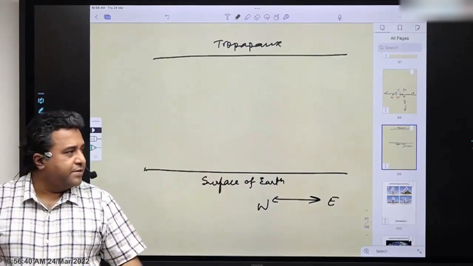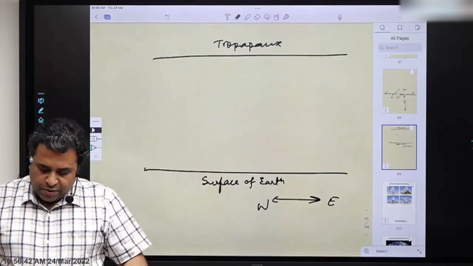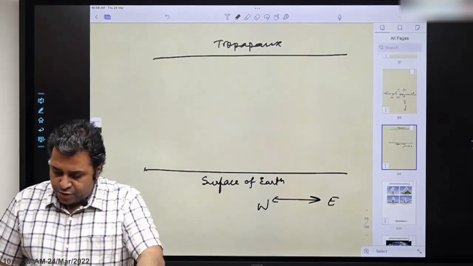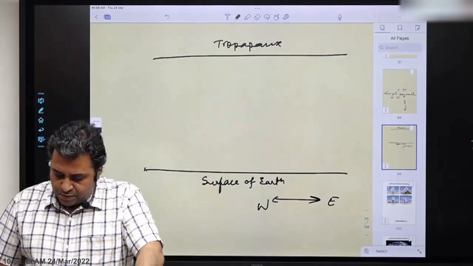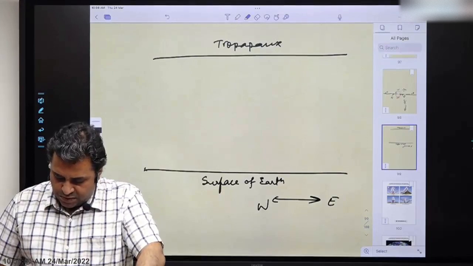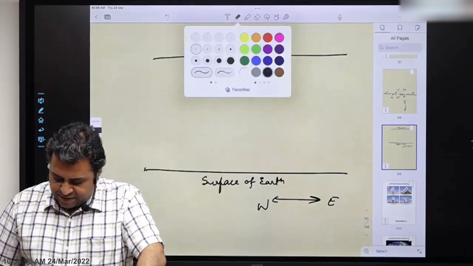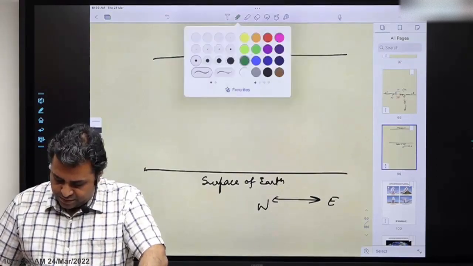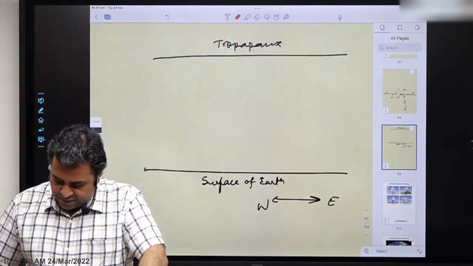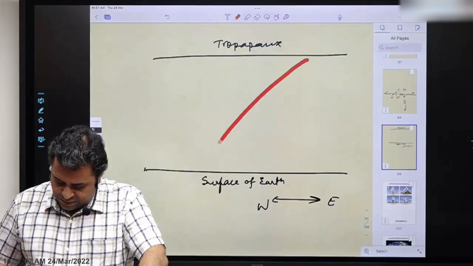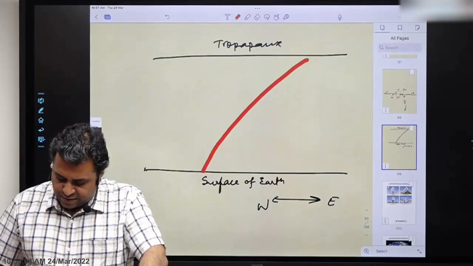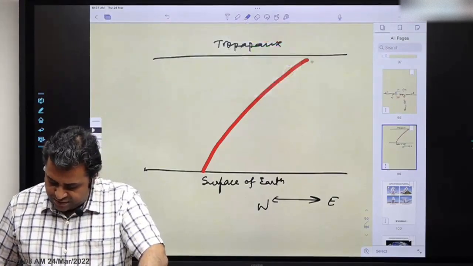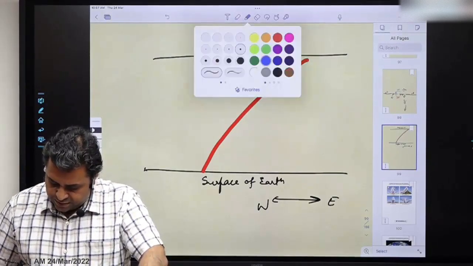I hope everyone understands, right? So in this, when the warm air will try to push, let me make a front like this, something like this. One side you will have warm air and the other side you will have cold air.